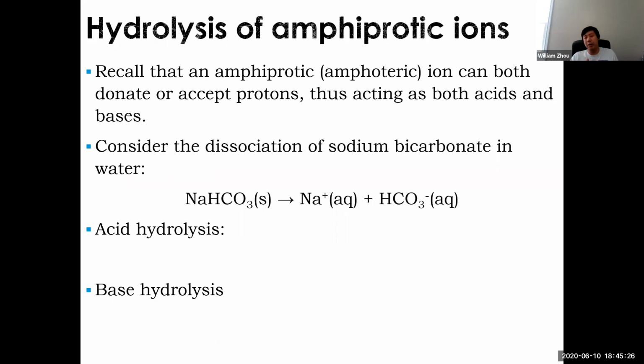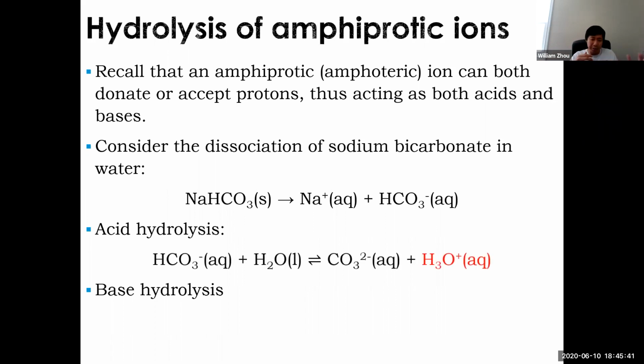You put that in water, you have sodium ion and HCO3 bicarbonate ion. Sodium does nothing, so we wouldn't have to worry about that. But the bicarbonate ion, it has an H. That means it is able to donate that hydrogen to water to make H3O, and you will become CO3 2-, because that's the acid hydrolysis.